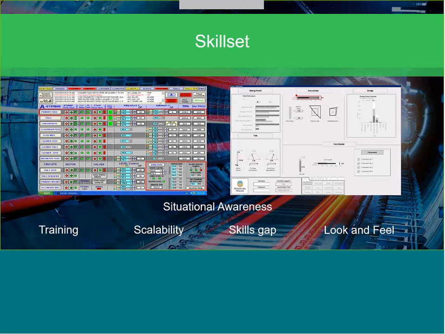That could be just line to line if it's quite a small site, plant to plant if we have multiple buildings, or it could be national or even international. If you share that development environment that you've used in one place across the others, you can transfer people amongst the different sites, and they'll understand how to use that SCADA. Training is much reduced from that. So from an operational perspective, again, you're reducing those costs.